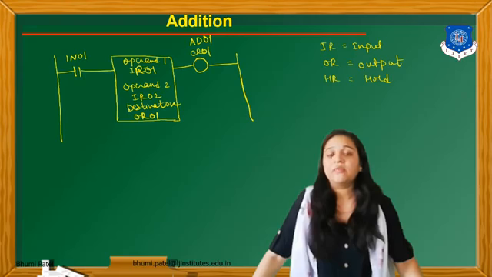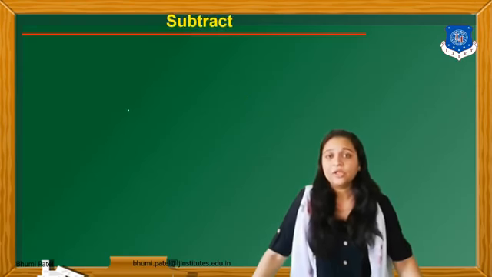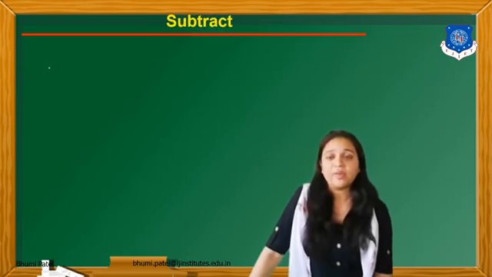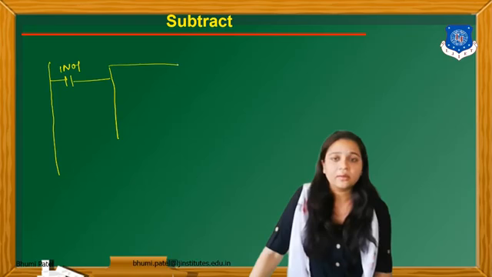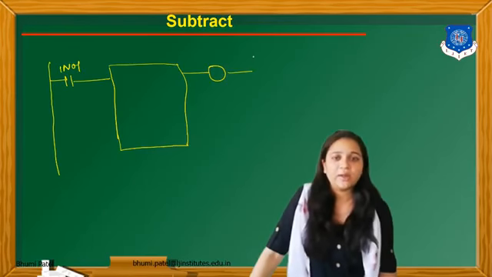Okay, the same thing will be applied for the subtraction. For the subtraction, we simply have to draw one input pin or input switch. Suppose the name of the input switch is IN01. Then we have to take two operands because we have to subtract the two numbers, and then save this data in a particular destination.